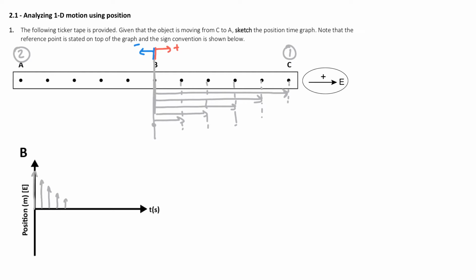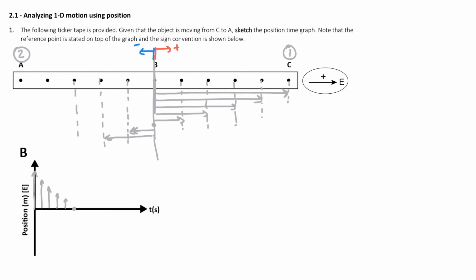So we get 1, 2, 3, 4, 5, and the next one is right at the reference point. And after that, because I'm moving still from 1 to 2, my next position is here, my next one is here, and then I keep going in that direction.